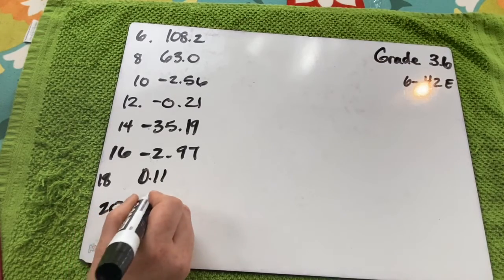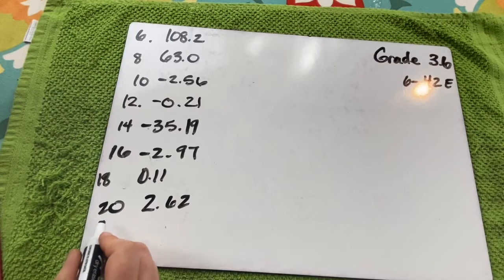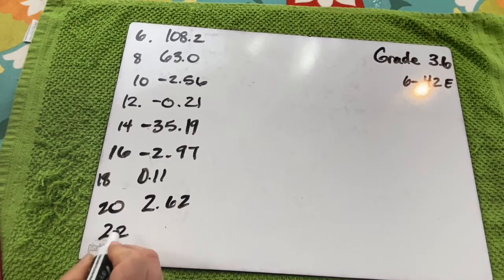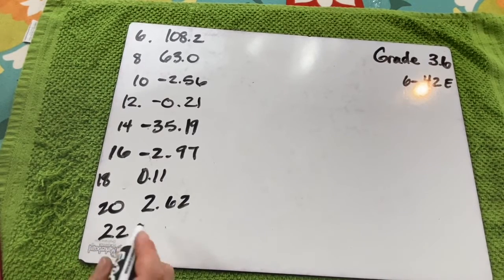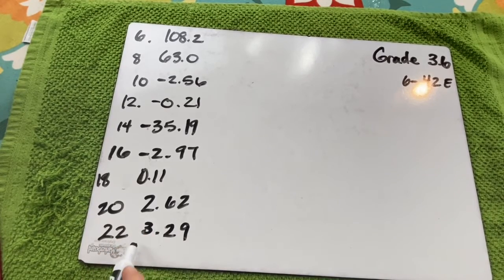20 is 2.62. 22 is 3.29. 24 is negative 1.58.